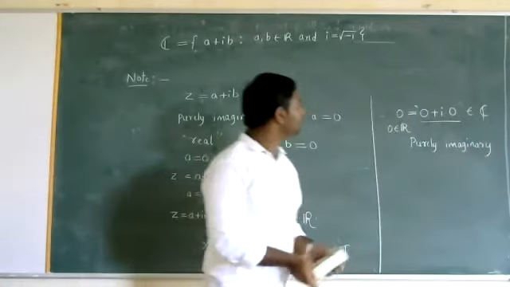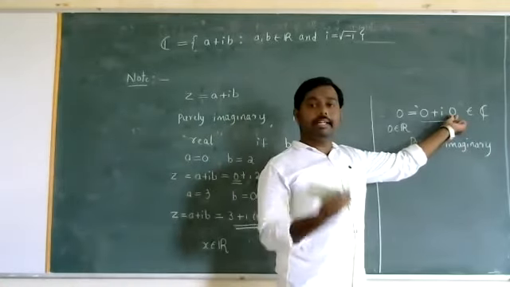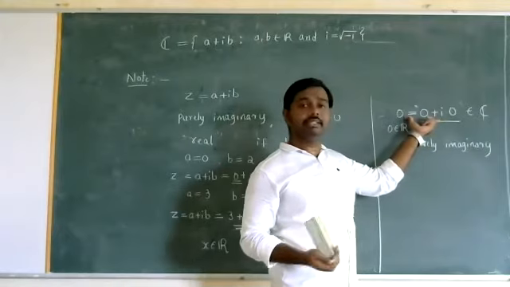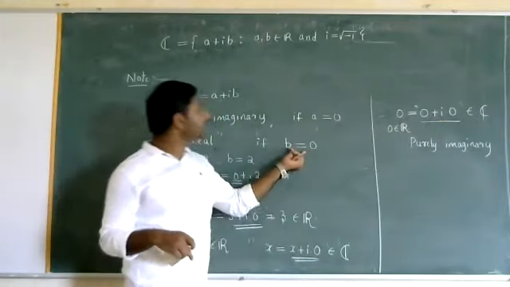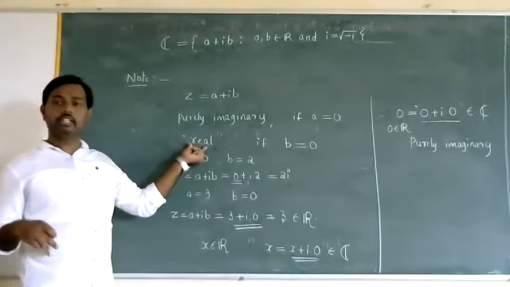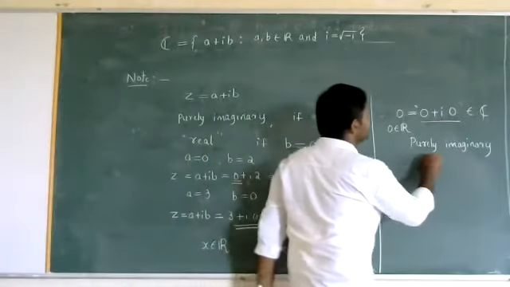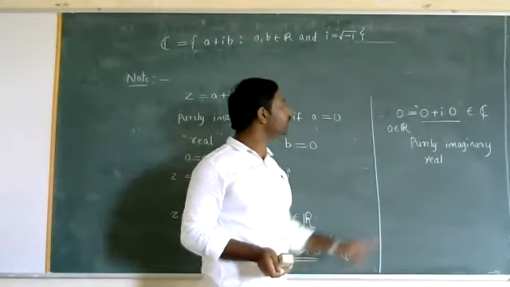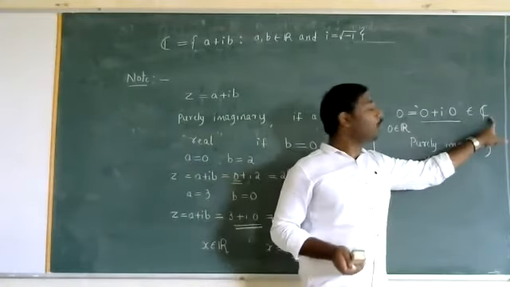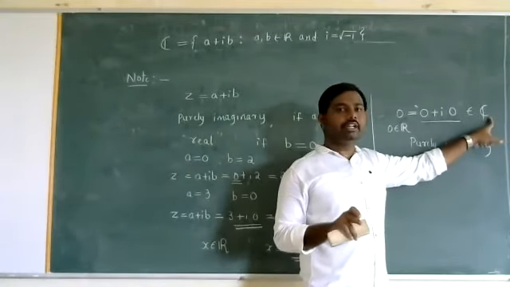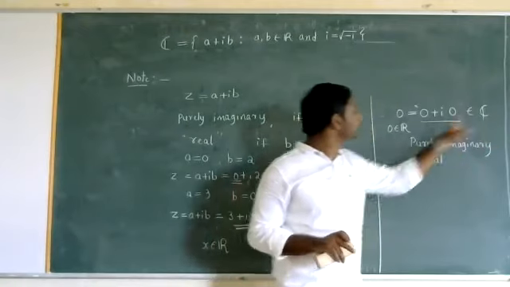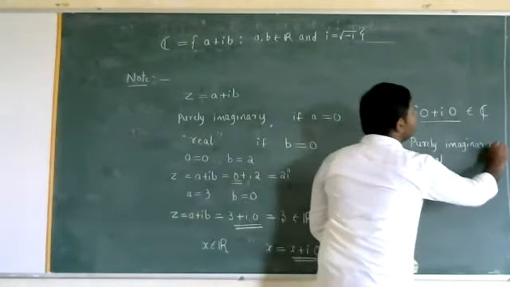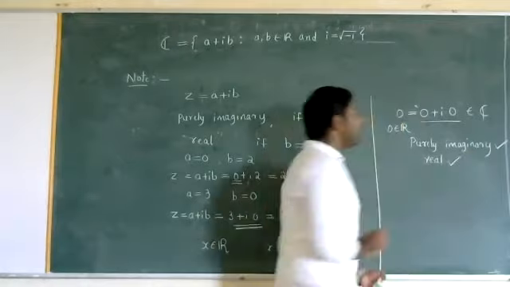And now the imaginary part of this complex number is also 0. If the imaginary part is 0, it is called real. So it is real also. Thus I can conclude that 0 is the only complex number which is simultaneously purely imaginary and real.